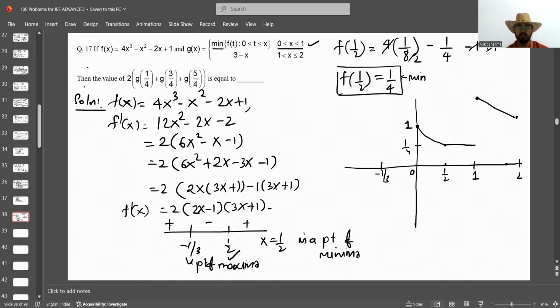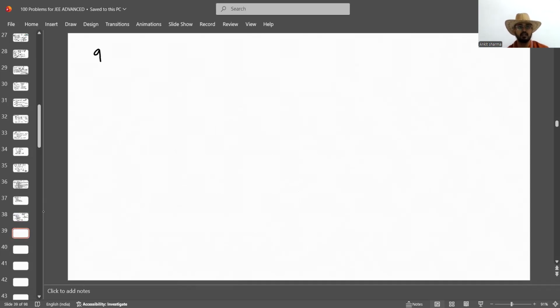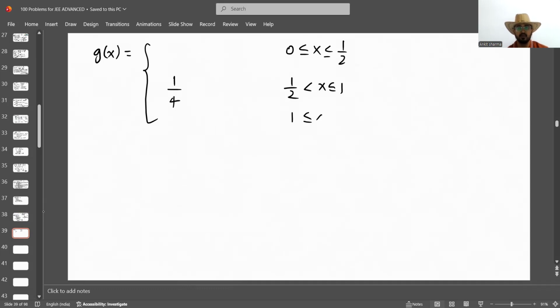Now, once we have found this, even this was not required, we can sketch this properly like this. g of x is equal to the function itself between 0 to half, and then from half to 1, I'm going to get the constant line, that is 1 by 4. And then from 1 to 2, what is given?